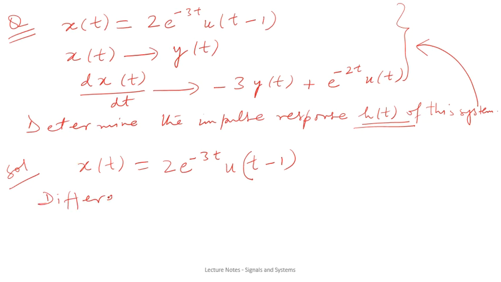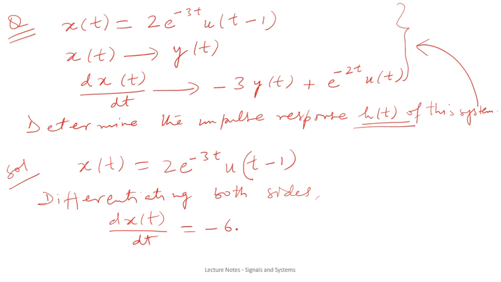Okay, so differentiating both sides of this equation, what you will get? On the left hand side it will be dx(t)/dt, and on the right hand side you can simply differentiate it: -6e^(-3t) u(t-1) + 2e^(-3t) delta(t-1).